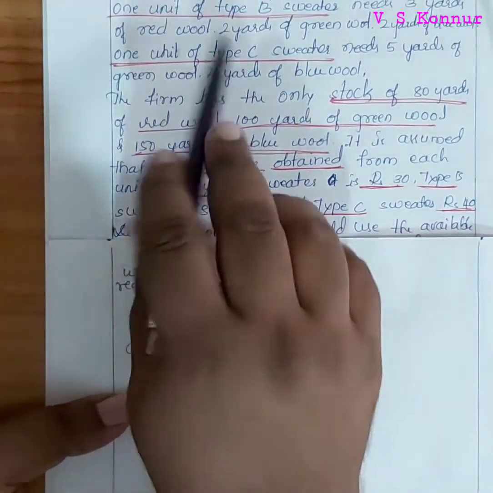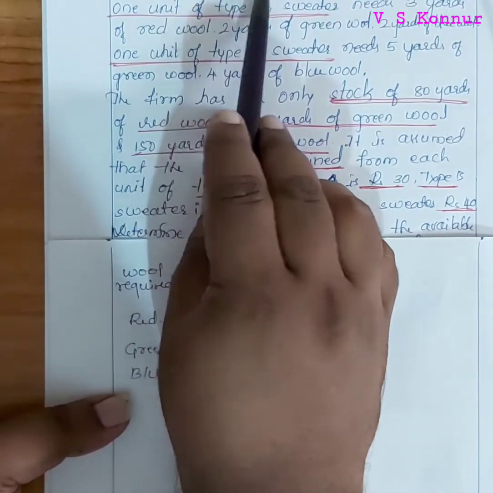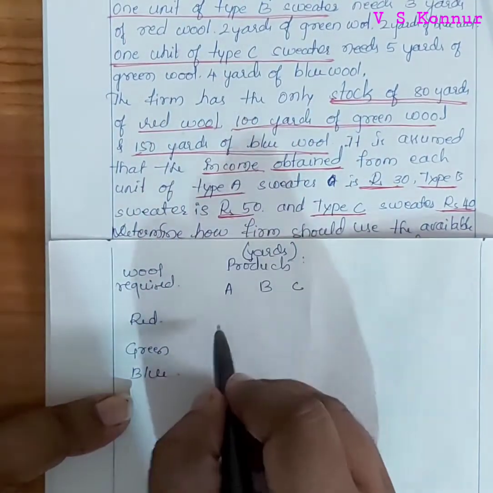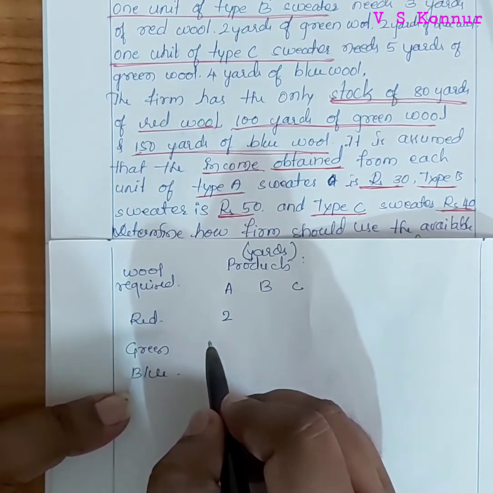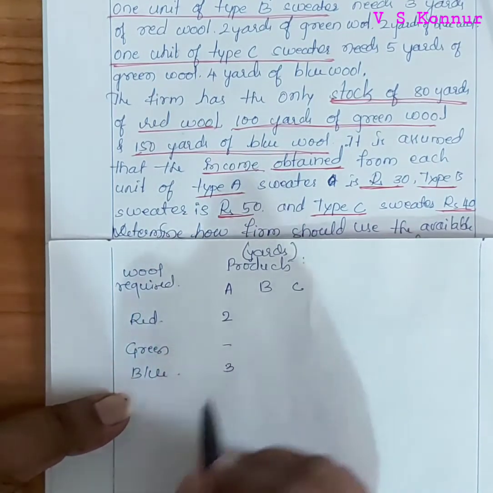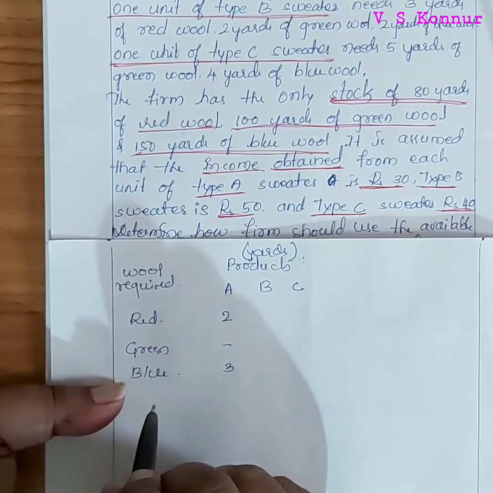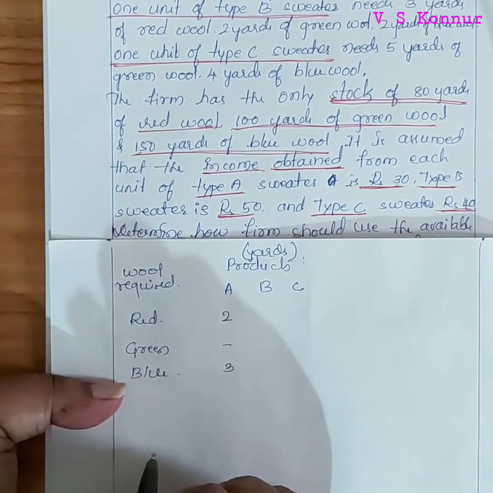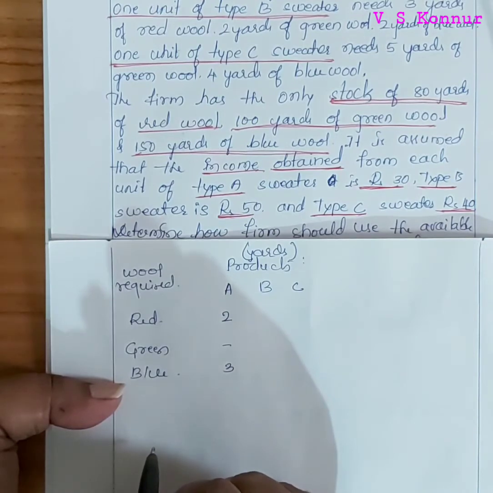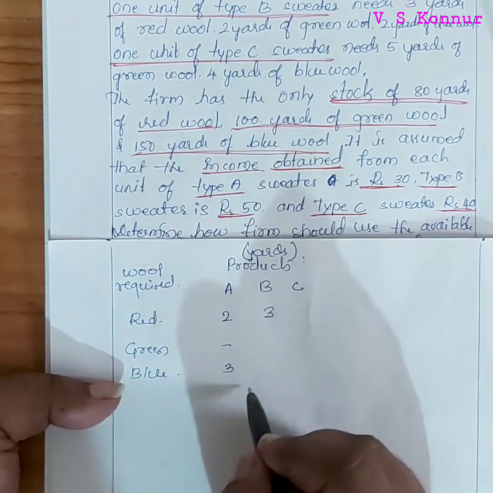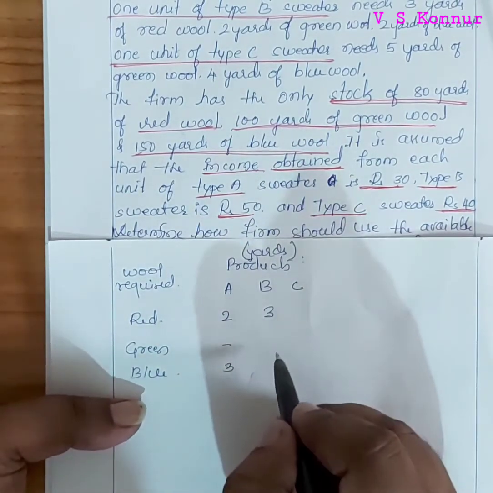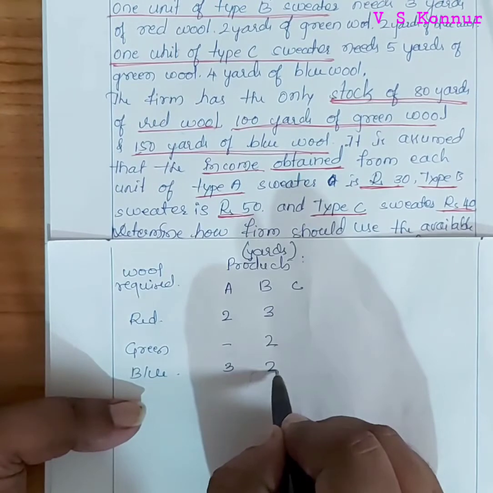We'll write for A. In the problem it has been given type A sweater needs 2 yards of red wool and 3 yards of blue wool. No green is required. Then 1 unit of type B sweater needs 3 yards of red wool, 2 yards of green wool, 2 yards of blue wool.